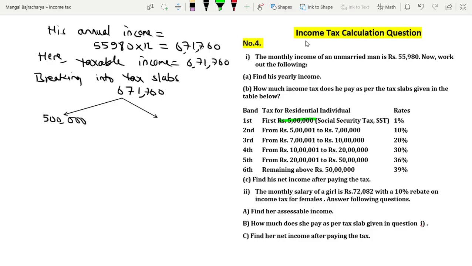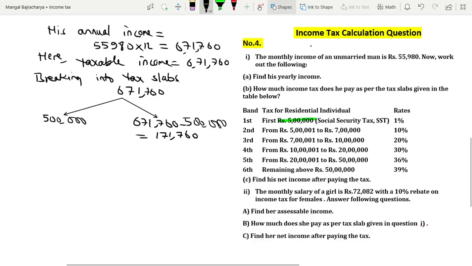So the second slab is the remaining amount after deducting 5 lakh from the total taxable income of 6,71,000 something. So the remaining balancing amount will be 6,71,760 minus 5 lakh, and this we get equal to 1,71,760. So we have split the total taxable income into the 2 slabs according to the bands given here.